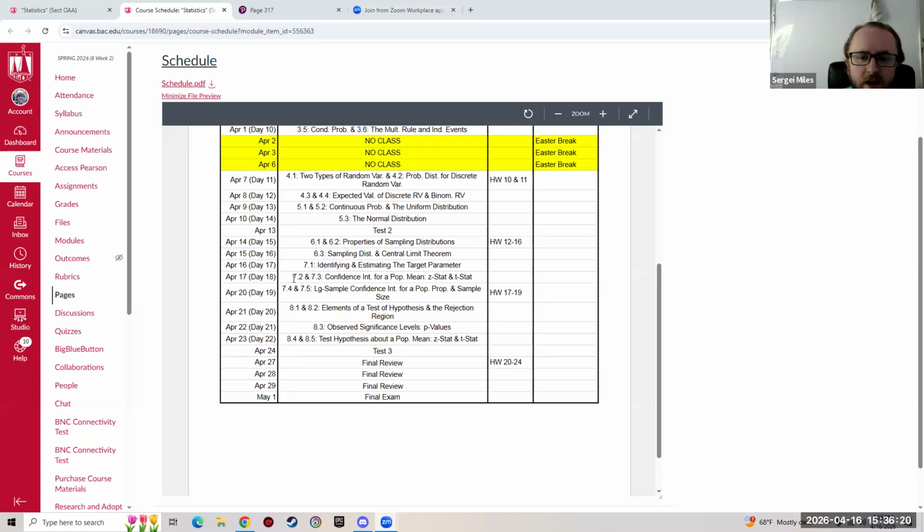Let's get started in sections 7.2 and 7.3. I'm going to turn off my screen share. I should back up and say that for 7.1, the whole purpose of these sampling distributions is that we're using a bunch of samples to approximate some parameter, oftentimes the population average, which may be unknown.